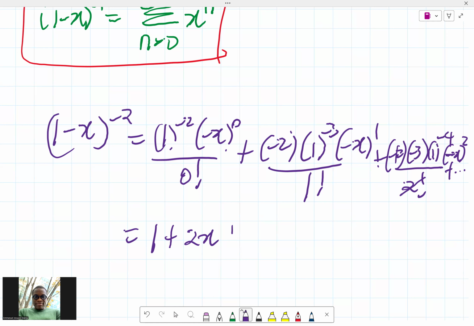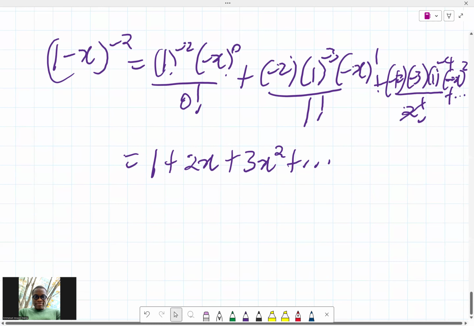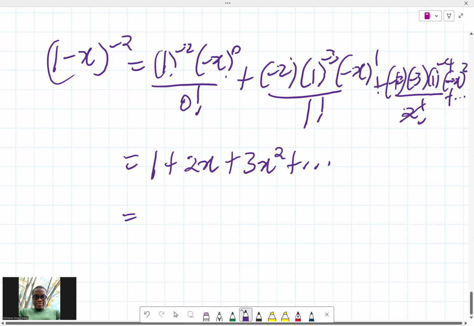Then we have plus 3x squared, and that goes. So what's the general pattern here? If you can check, that's more like nx, and can we say that? That's like nx raised power.